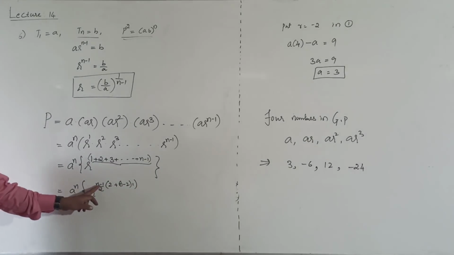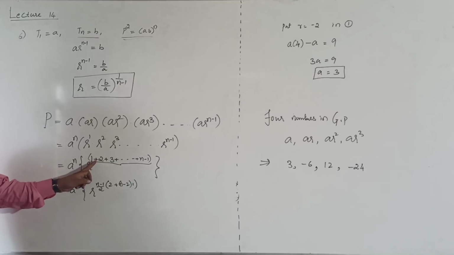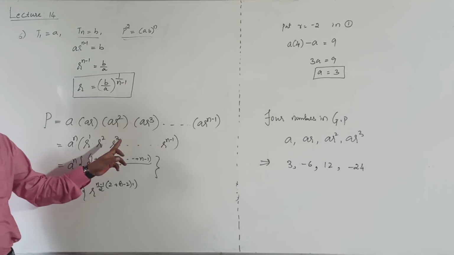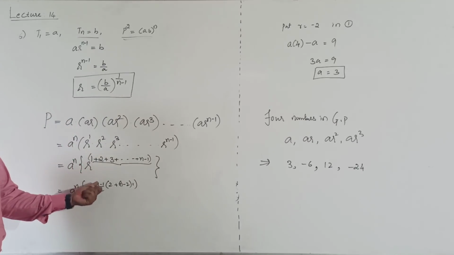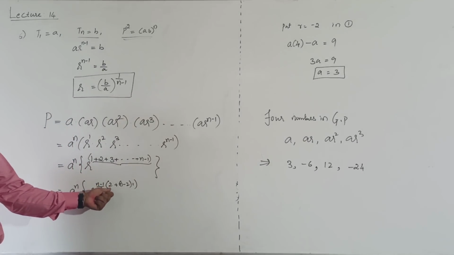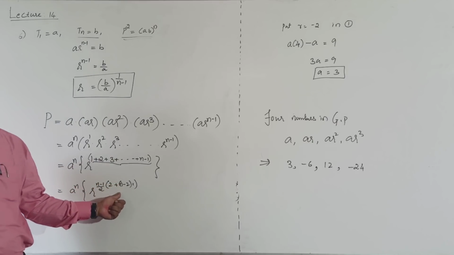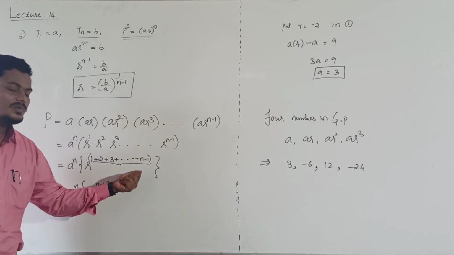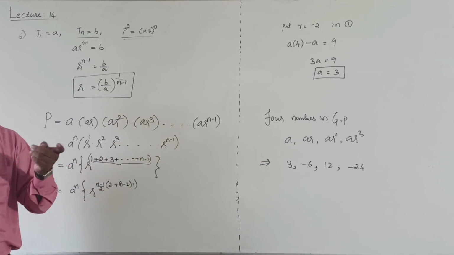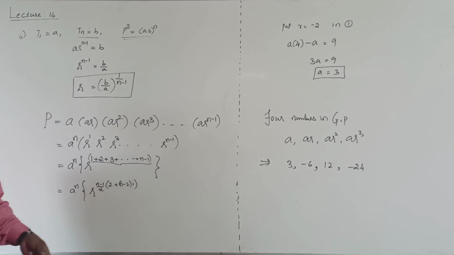Here we apply the Sn formula. In this case, instead of n, we have n minus 1 terms. So (n minus 1) by 2, into 2a where a is 1, so 2 into 1, plus (n minus 1 minus 1) into d, where d is 1.